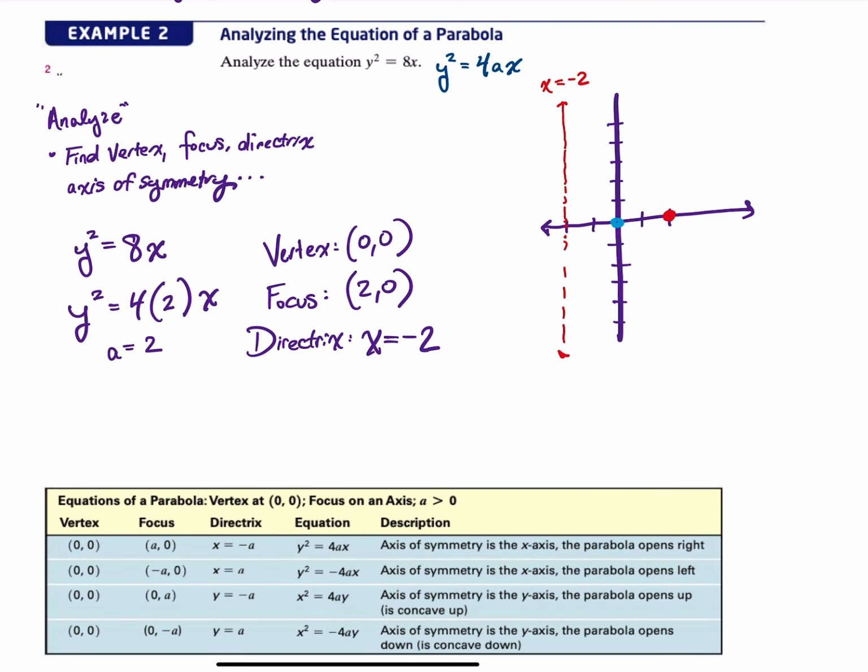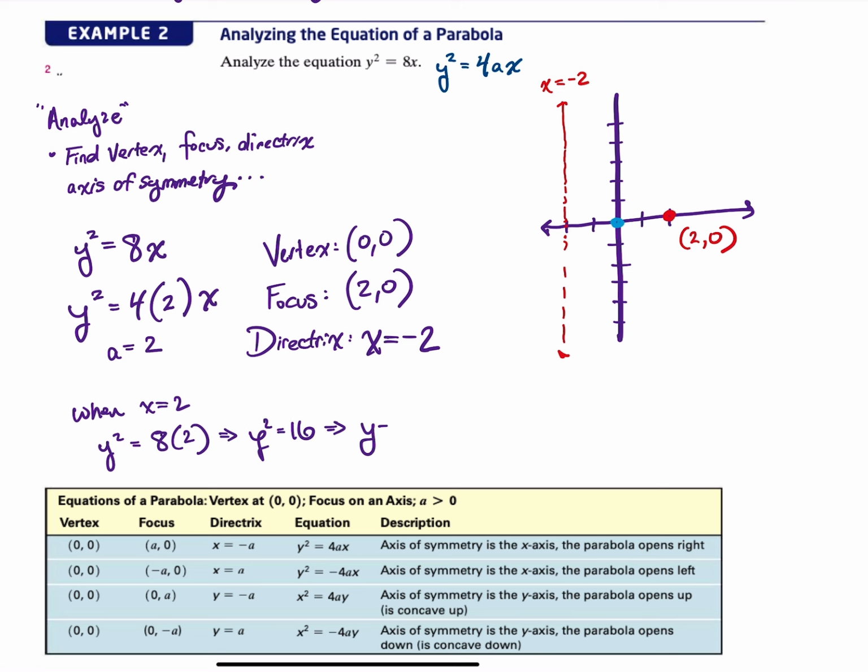Let's get those additional points. So using our focus point, this is the point 2, 0. Let's see what happens whenever x is equal to +2. So I can say when x equals 2, our equation is y squared equals 8 times 2. So y squared equals 16.